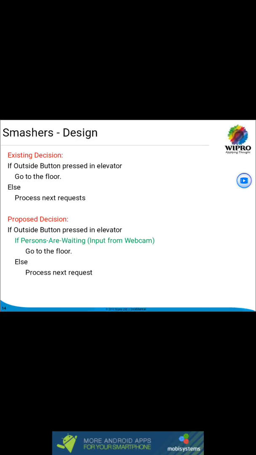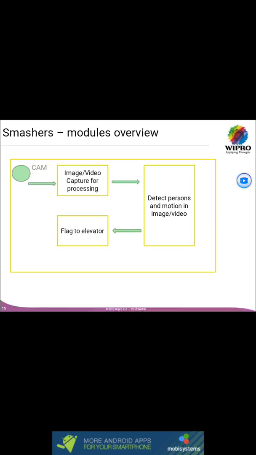Like what we have mentioned here, the existing decision is that if the outside button is pressed, the elevator will stop on that particular floor, or it will proceed to the next request. So what we are proposing here is that even if the elevator button is pressed, the elevator should not stop if there is no one waiting on that floor, and it should continue to the next request.